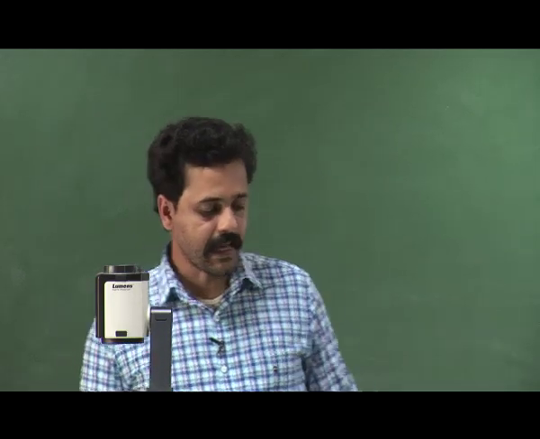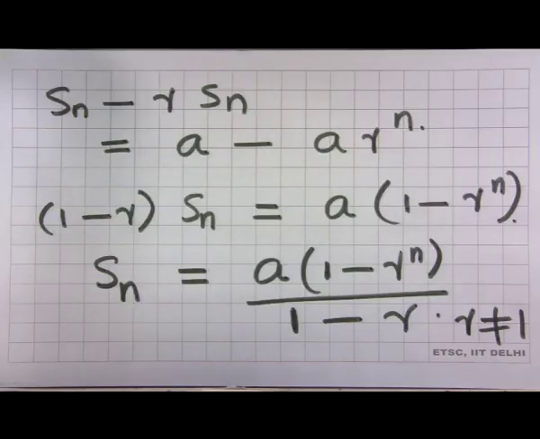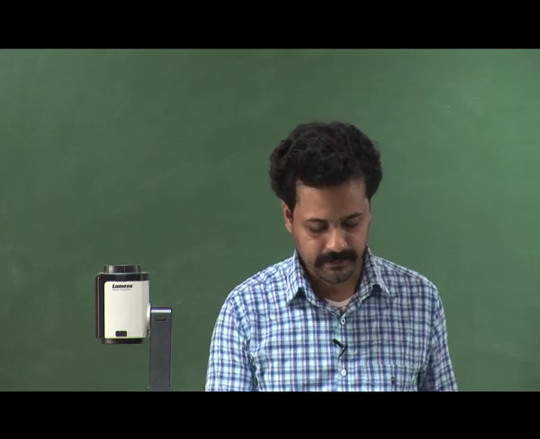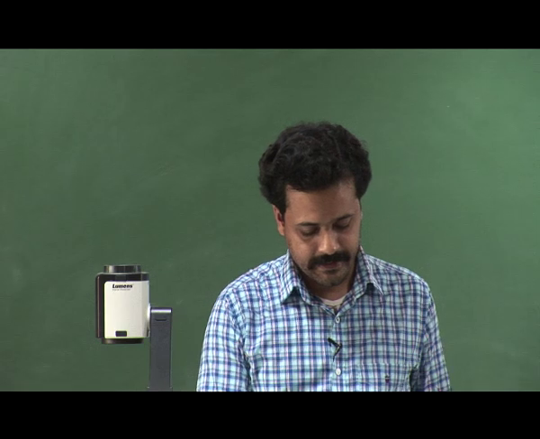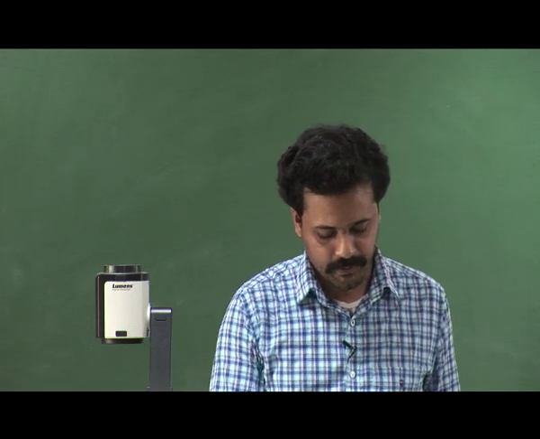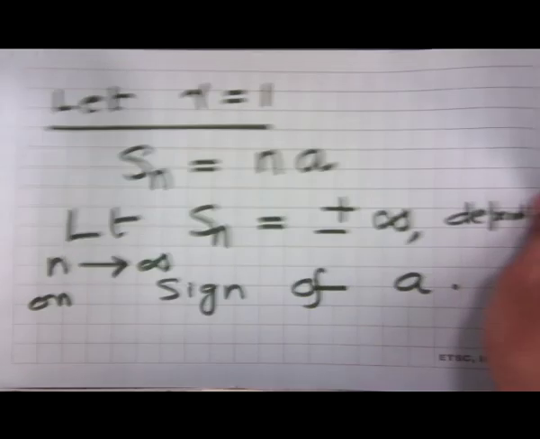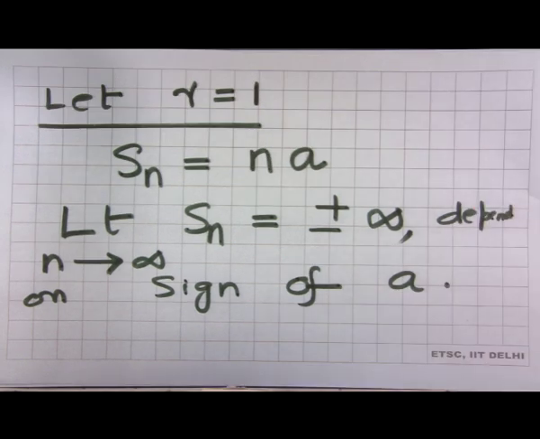Now considering an infinite geometric series, the summation of a r^(n-1), n ranging from 1 to infinity, we see that when r equal to 1, the series is not convergent. When r equal to minus 1, the series is not convergent.